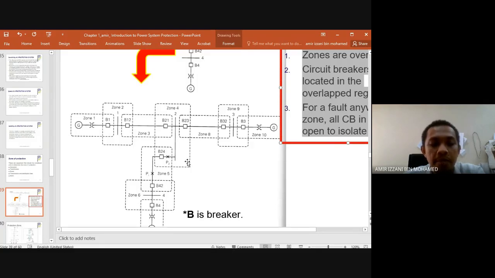So we need to open all of them so the fault current does not flow outside of the zone. Similarly here, the fault current can go to zone 8, and if B21 is not opened, then the fault current can flow here.